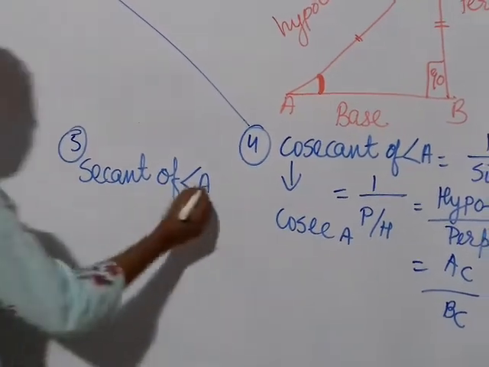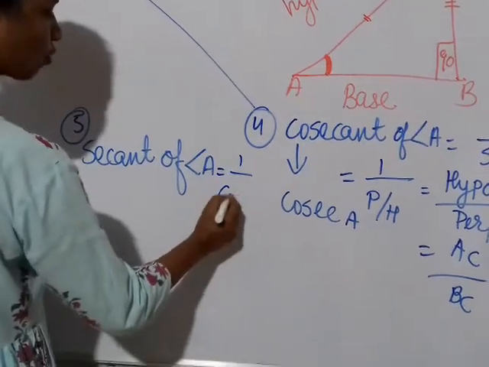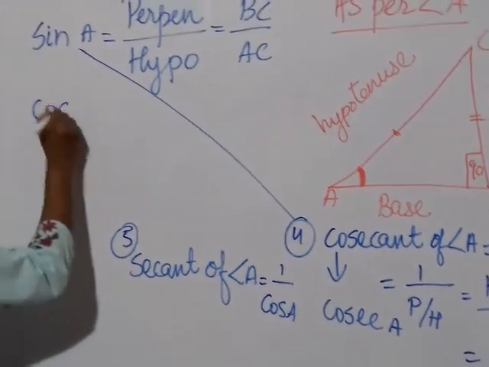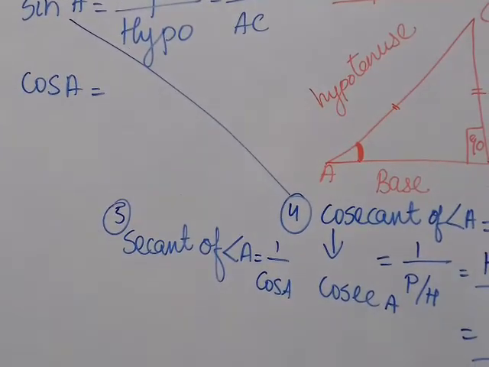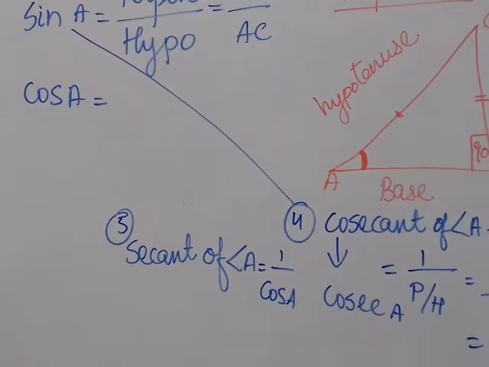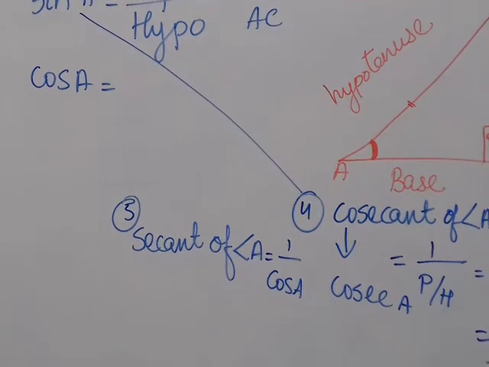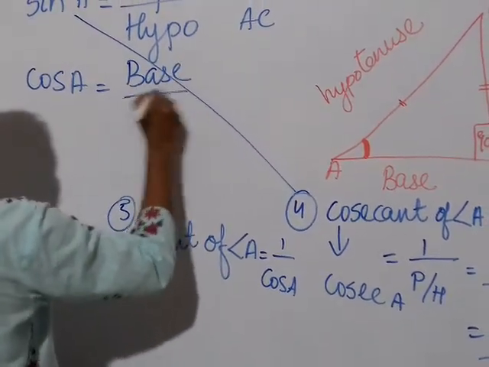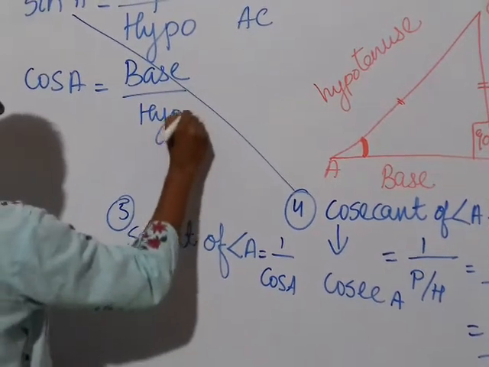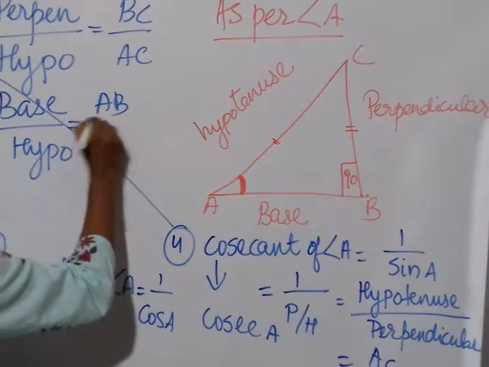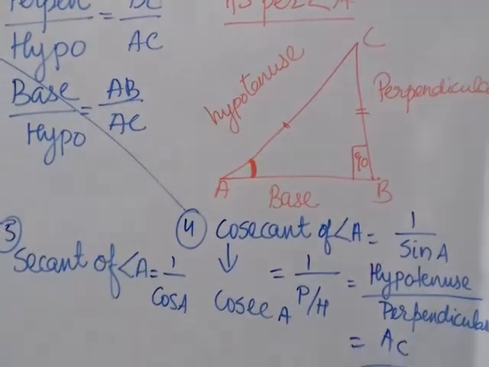Secant of angle A, we can write as 1 by cos A. Just reverse it. So, I am writing here cos A. Cos A is equal to, what is cos A we studied? Base by hypo, that is AB divided by AC.